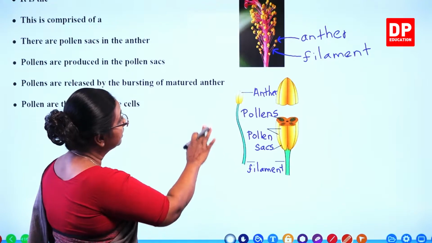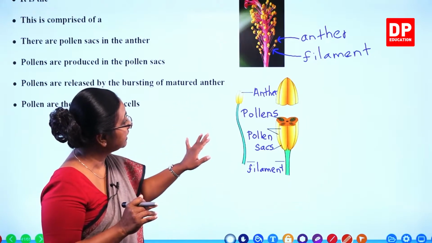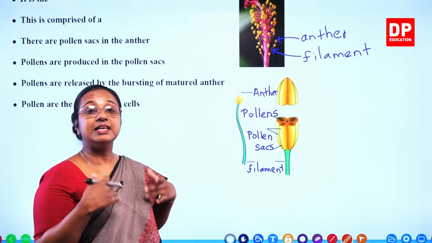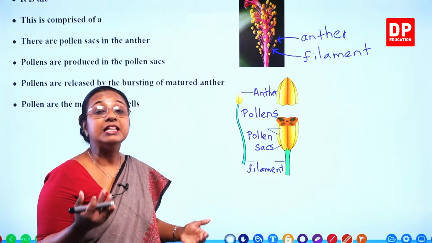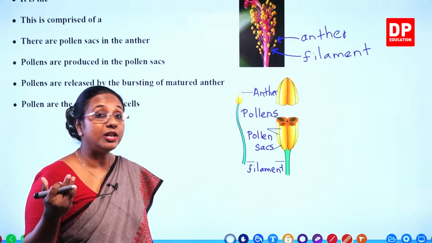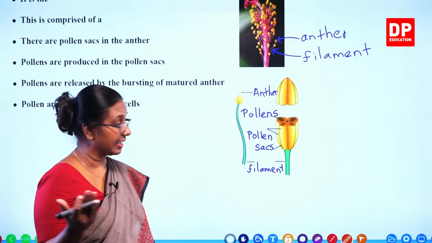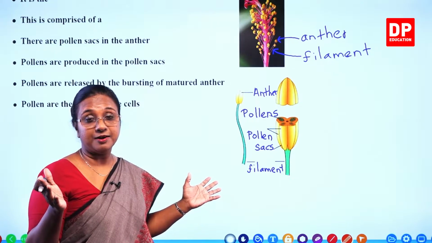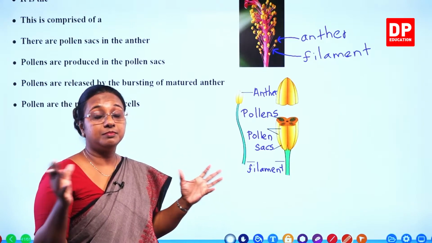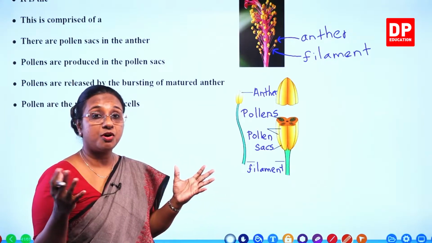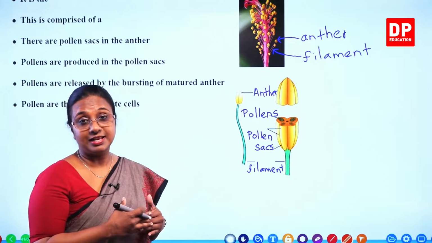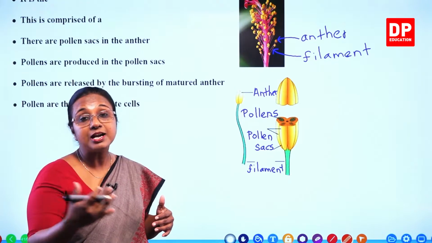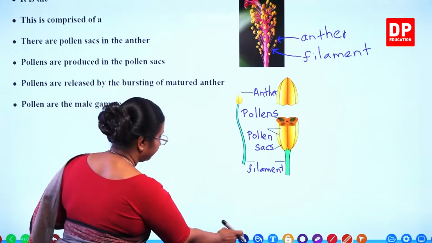It has a filament and the anther. Inside the anther there are pollen sacs. Inside the pollen sacs only the male gametes, those are the pollens, develop. And when this anther is matured enough, the pollen sacs burst and the pollens are released. That is the start of sexual reproduction.